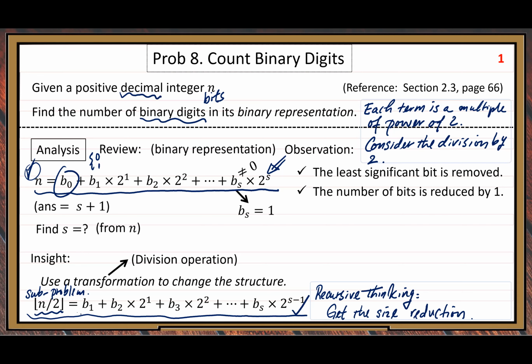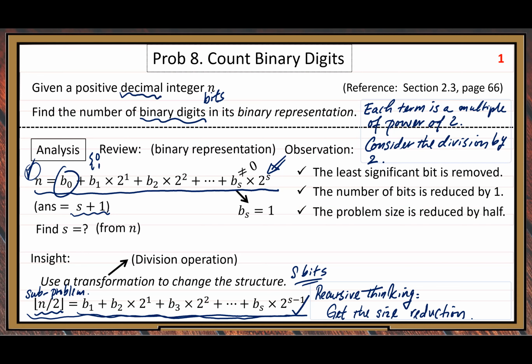You have little s bits, while for the original question, you have s plus 1 bits. The difference is 1, so the number of bits is reduced by 1.